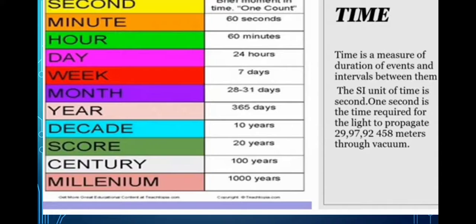Larger units for measuring times are day, month, year, score, century, millennium. 1 millennium is equal to 3.16 into 10 power 9 seconds.